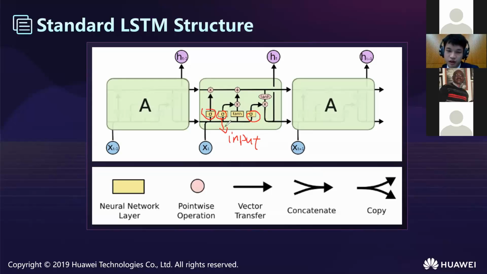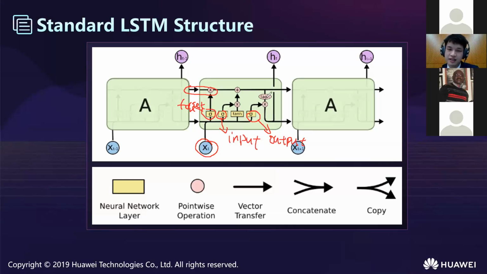It will decide if we need this new value. And this gate is called the forget gate. It will decide, should we forget the memory cell in the last time state? And this gate is called the output gate.